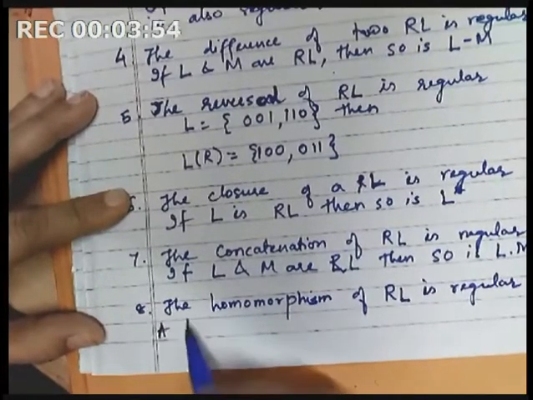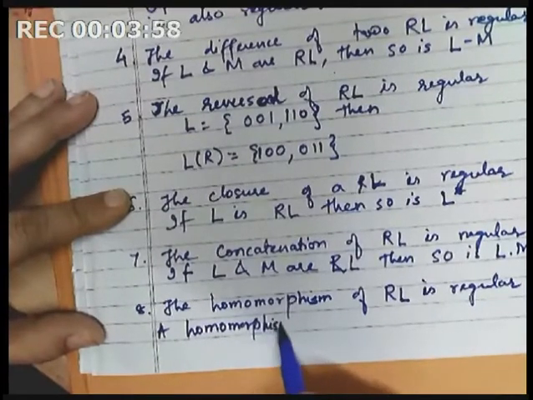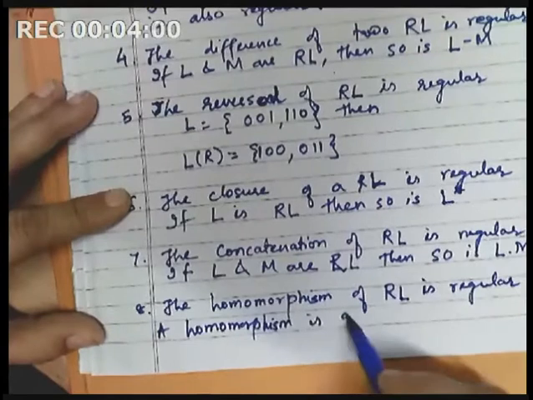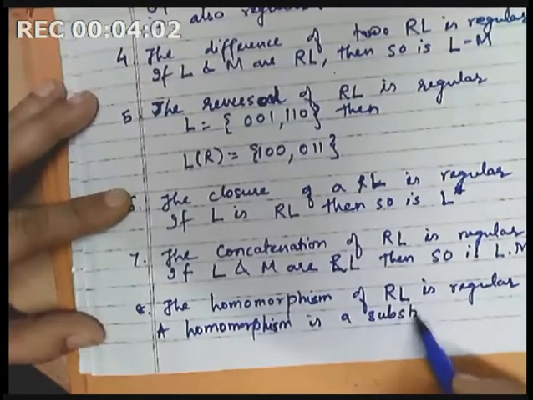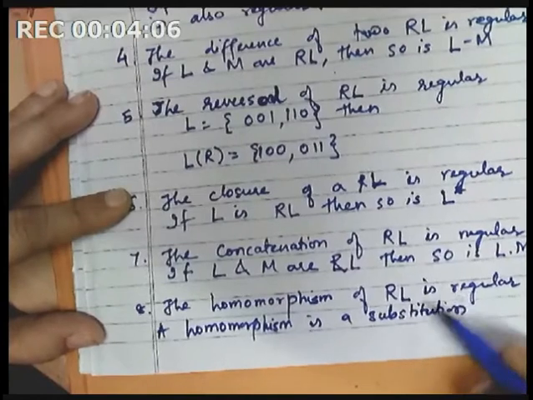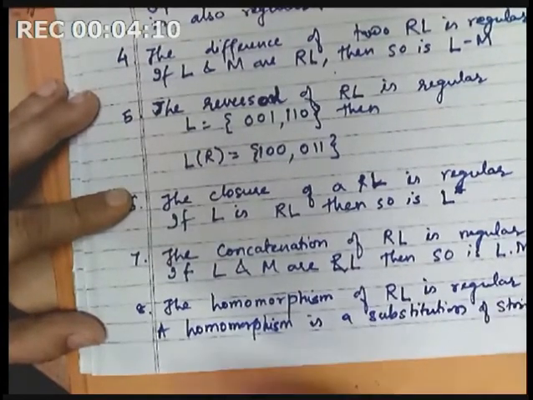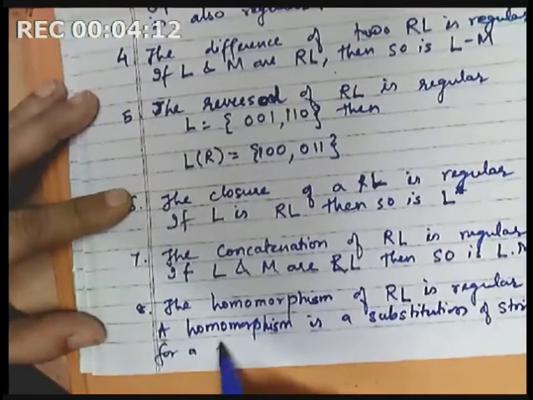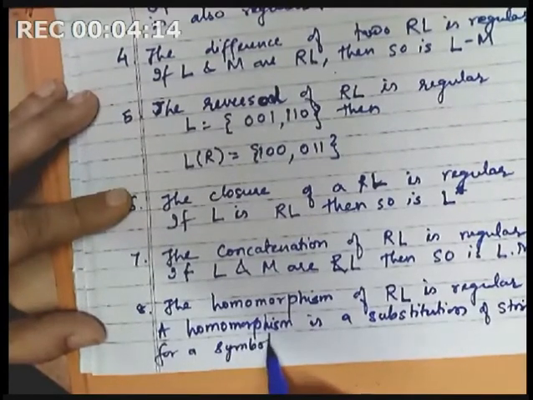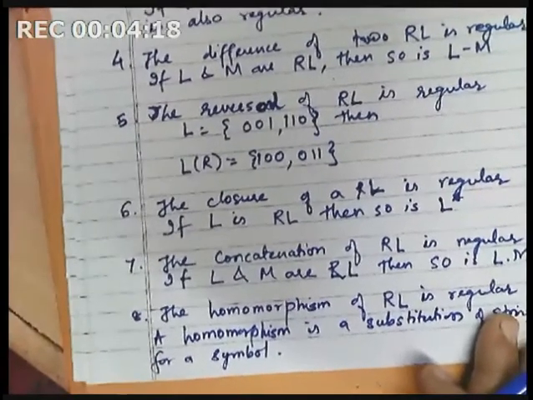So homomorphism is a substitution of a string for a symbol, and it is represented by the h function.